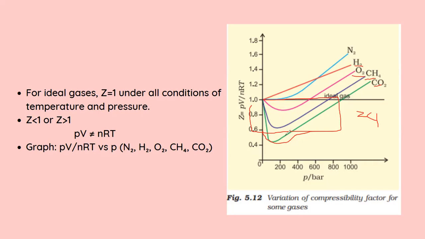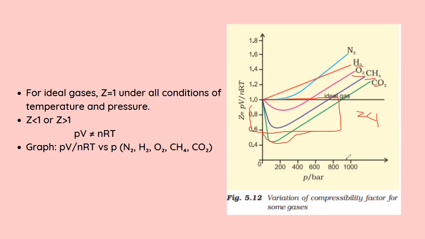So at lower pressures, the value of Z is lesser than 1, and this means that these gases are going to be more compressible than expected. And as the value of Z increases because there is an increase in the value of pressure, they are going to be less compressible.